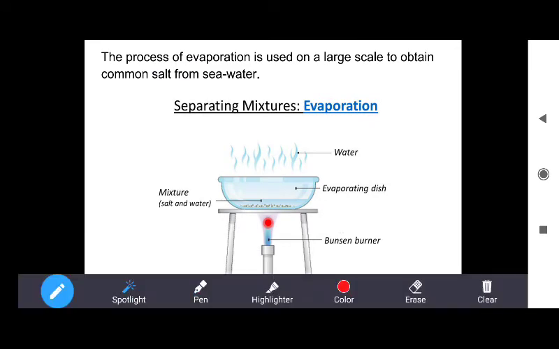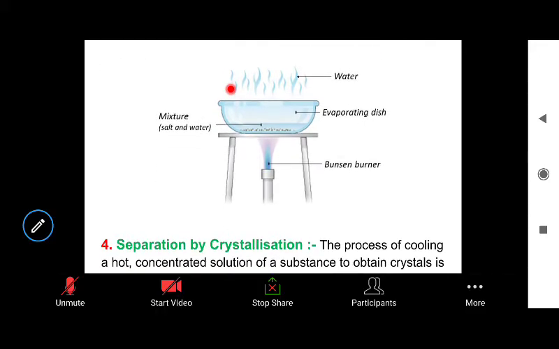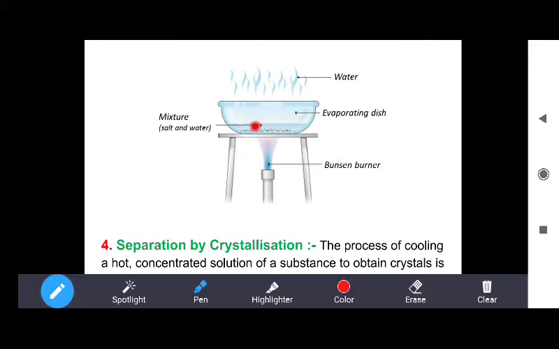The process of evaporation is used on a large scale to obtain common salt from seawater. In this method, you have to take a solution into a China dish. You can also call it an evaporating dish.